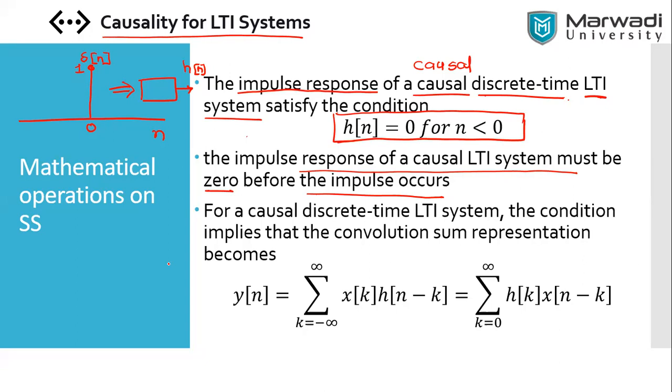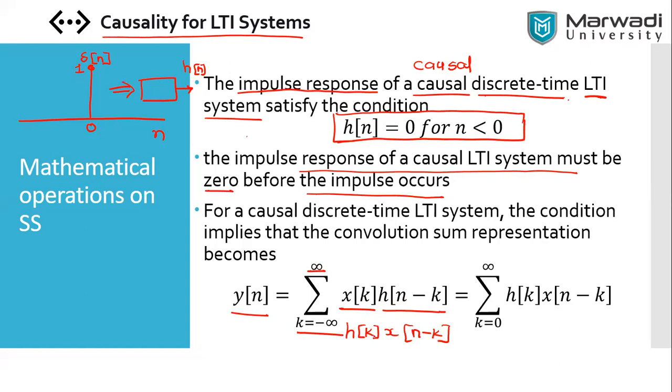Now, this means that the condition which we applied, y of n is equal to sigma k equals -infinity to infinity, x of k, h of n minus k. Now, instead of this, you can also write h of k, x of n minus k, right?